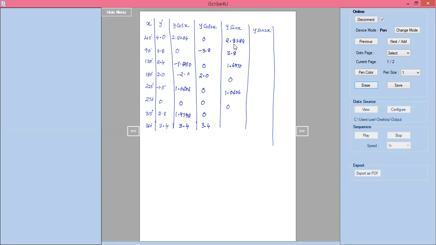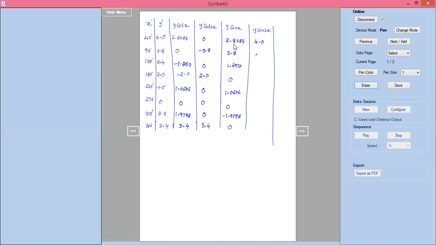0. Next, 2.8 into sine of 315 is minus 1.9798. Next one should be 0. Similarly, y sin 2x, 4.0 into sine of 2 into 45, that should be 4.0.